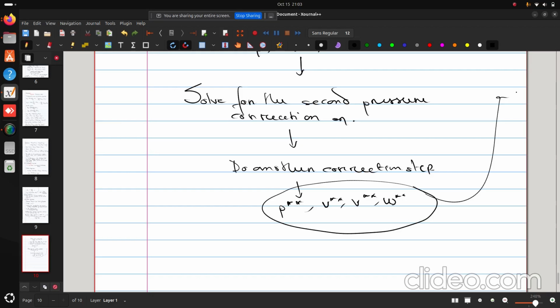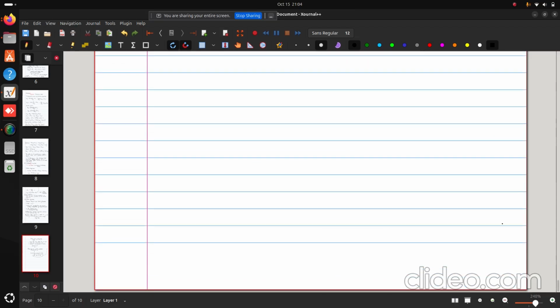So just to give a brief summary, there have been multiple refinements to the SIMPLE algorithm, which have made it much more stable.